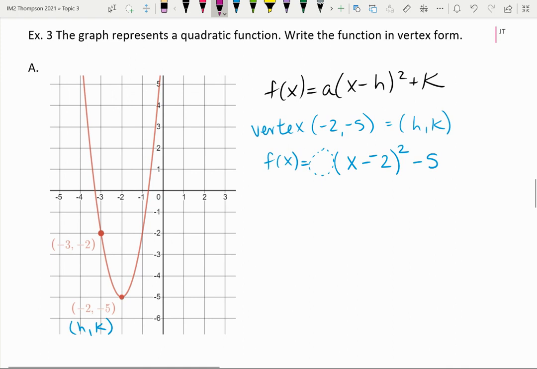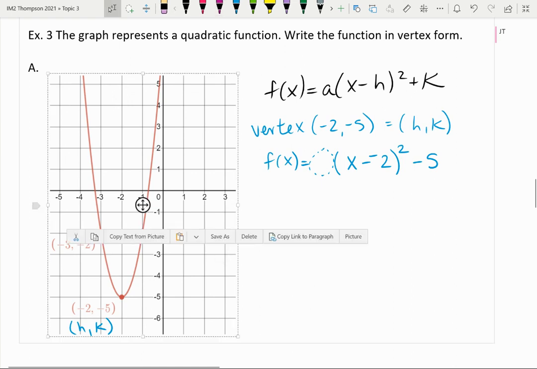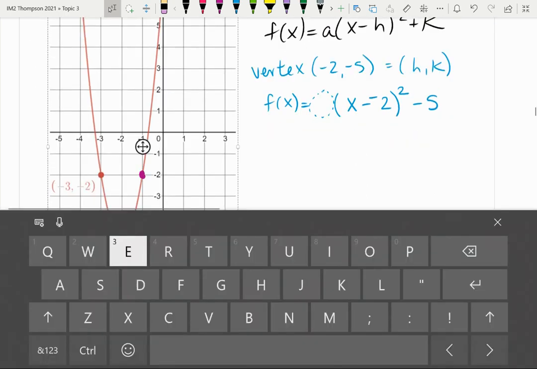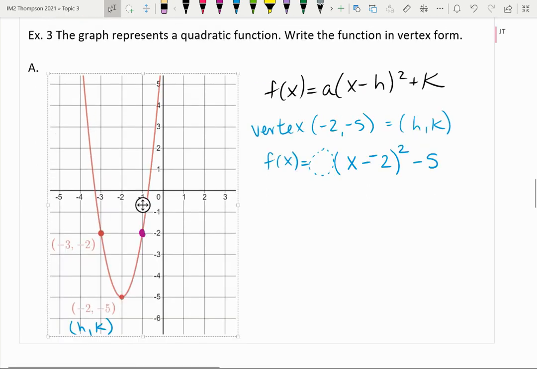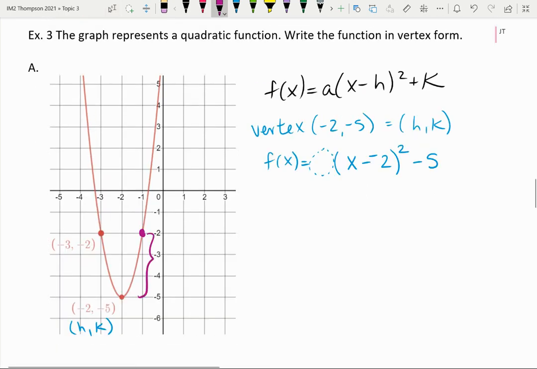There's an easy way and there's a hard way to do this. The easy way is from the vertex, I'm going to go 1 point to the left or 1 point to the right and up to the next point. So 1 point to the right or 1 point to the left, not more, not less. And I want this distance.